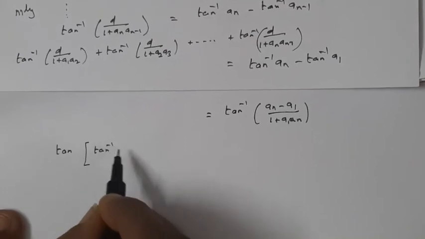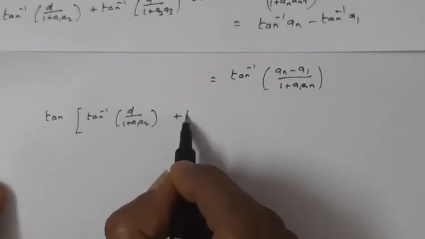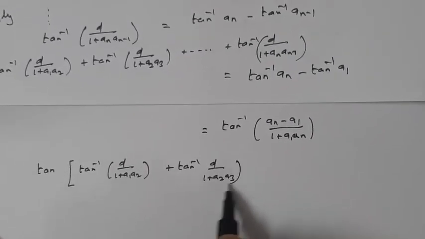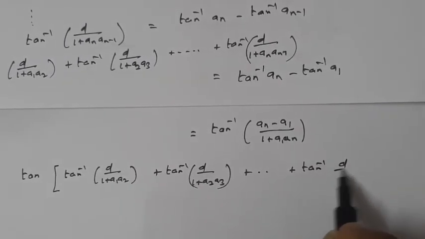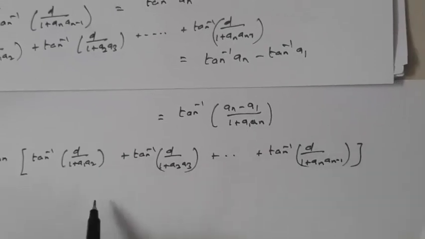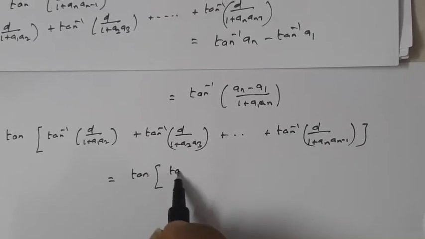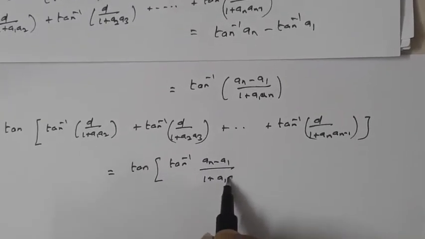Tan inverse of d divided by 1 plus a1 a2 plus tan inverse of d divided by 1 plus a2 a3 plus etc. plus tan inverse of d divided by 1 plus an minus 1 an is equal to tan inverse of an minus a1 divided by 1 plus a1 an.